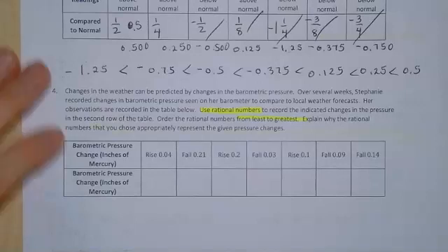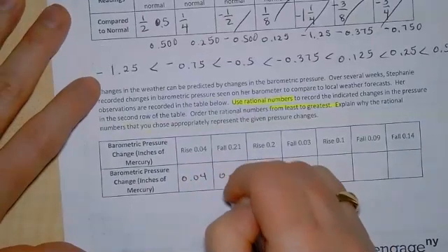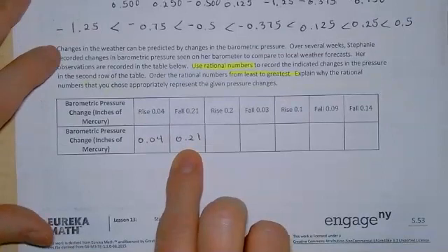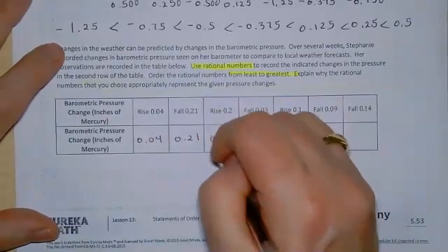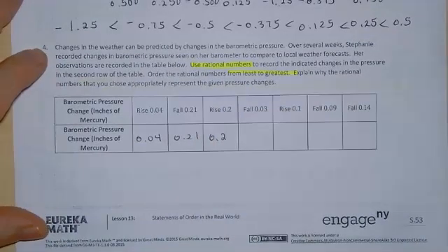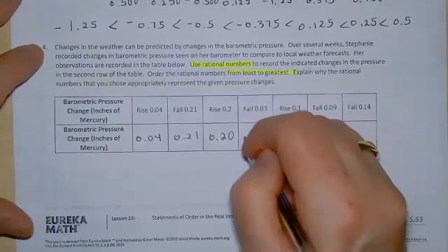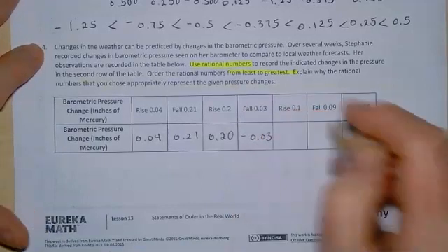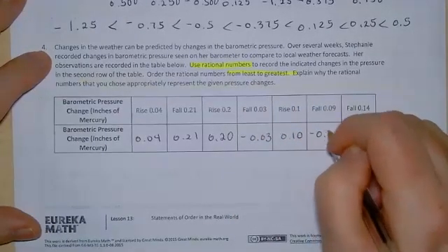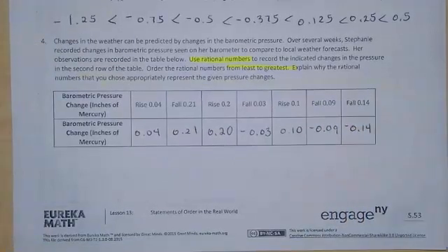And fall is going to be negative. Now notice we're in hundredths and hundredths, so far we're good. A rise is going to be positive, but that's not in hundredths. How can I make it look like hundredths? You bet. A fall is that. A rise is that. A fall and a fall. Those are all my numbers.